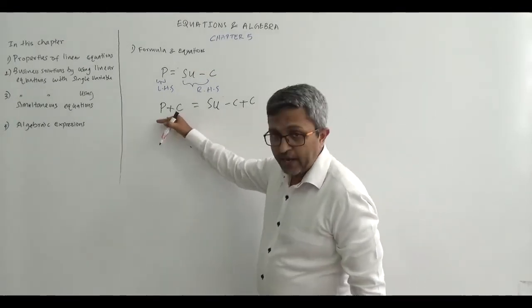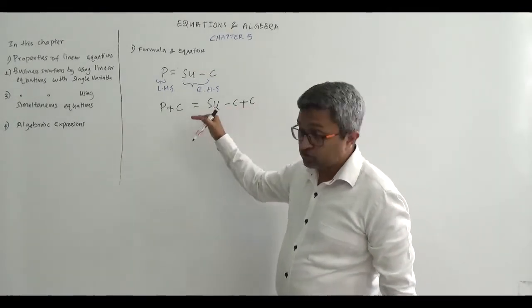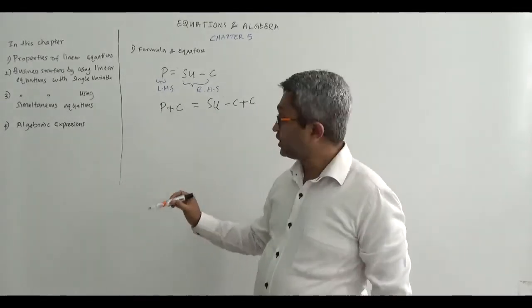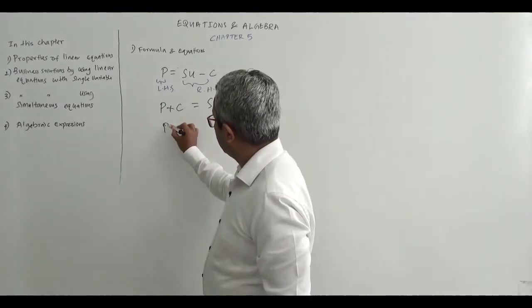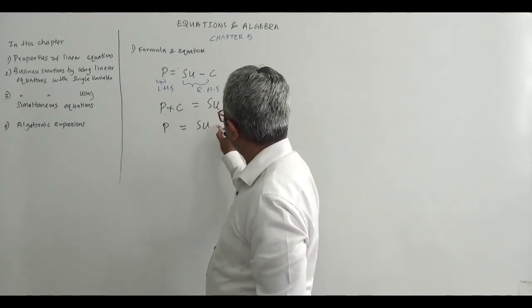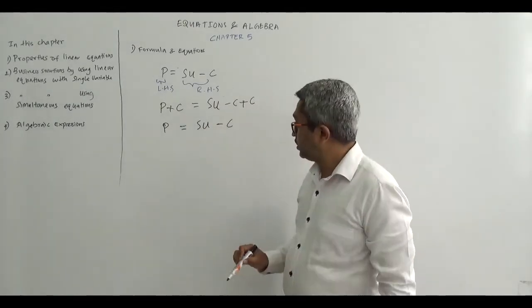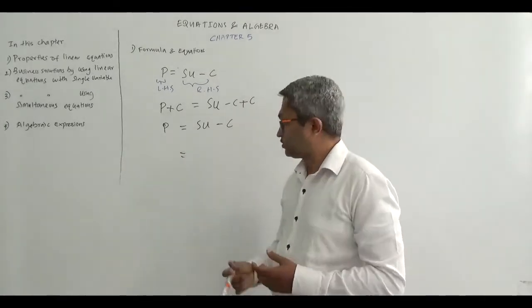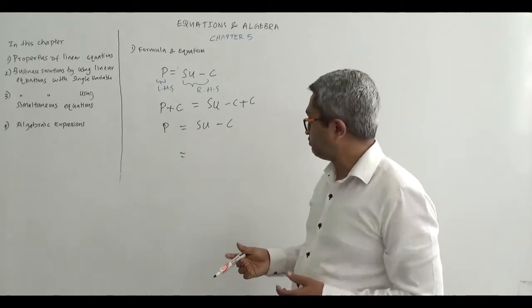So you can do anything like this, but you have to be careful. Sometimes some people do wrong things like this. Let's take P equals SU minus C as our equation, right? As you said, you can do anything on both sides. So what you do on one side, you have to do the same on the other side.